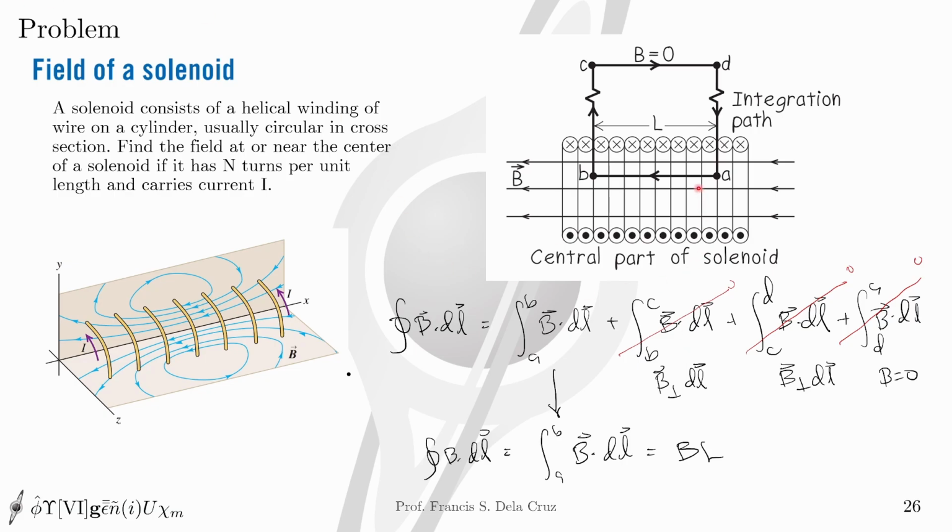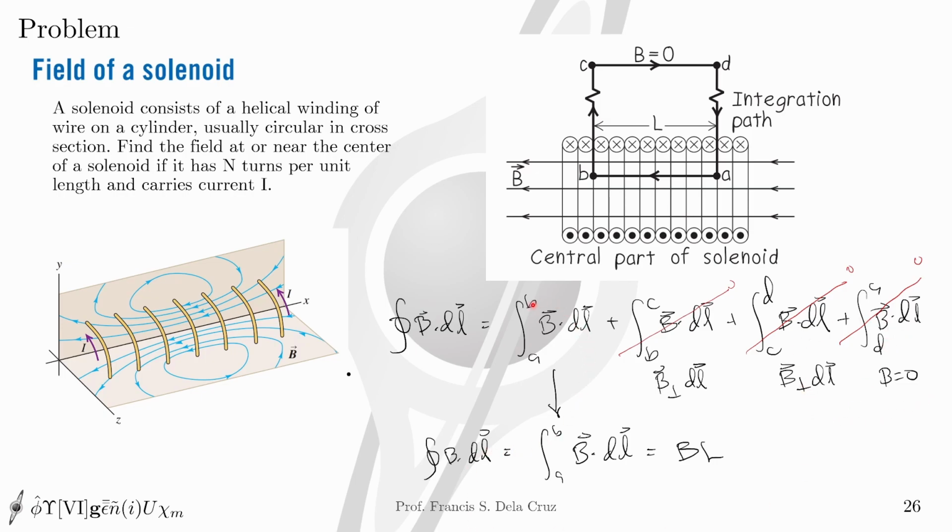Then next, in a solenoid, we can assume that on the sides of the solenoid, you will not have an appreciable magnetic field. That's why the magnetic flux density just outside of the solenoid would be equal to 0. So the third integration is 0. And then from D to A, that will just give you 0 because dl and B are perpendicular to each other.